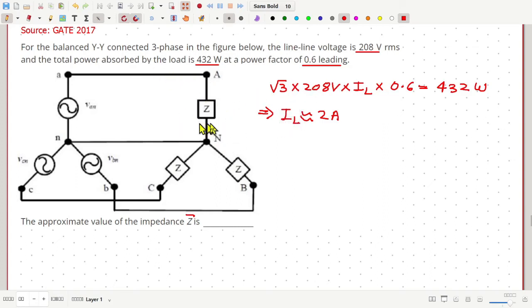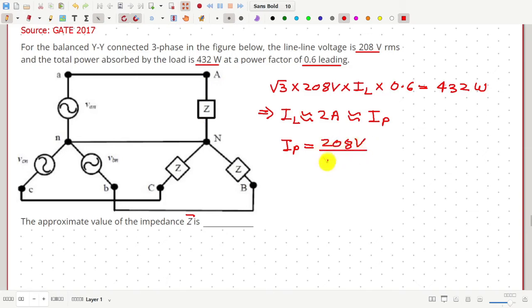Since the load is star connected, this is also the same as the magnitude of the phase current, call that IP.